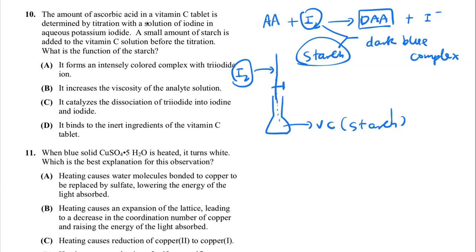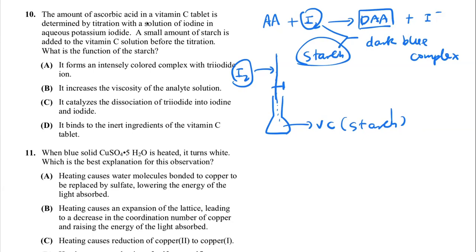If we put it in the burette and the I2 in the flask, and then we add starch, in the beginning, it's blue. And then after you add enough vitamin C to consume all of the I2, theoretically, it will also change back into colorless.